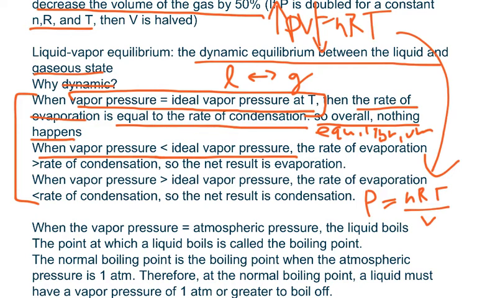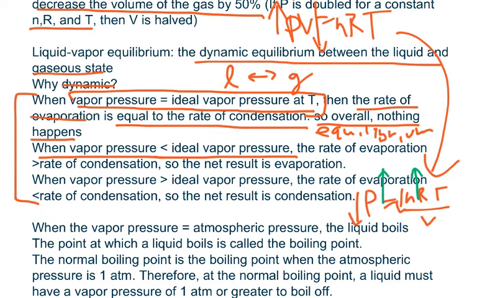And if you think about it, if the vapor pressure is less than the ideal vapor pressure, then the system will choose to create more gas molecules, or instead increase the moles of gases, and by increasing the moles of gases, the system can increase its vapor pressure until it reaches the ideal vapor pressure.